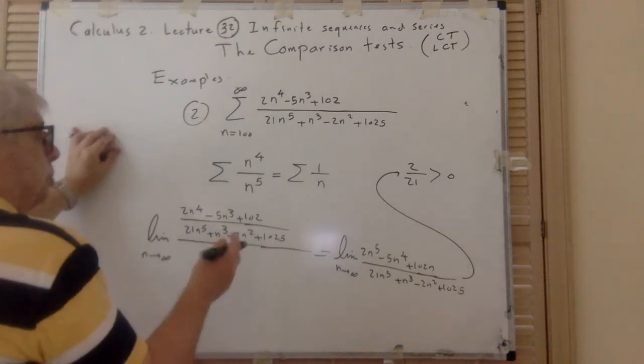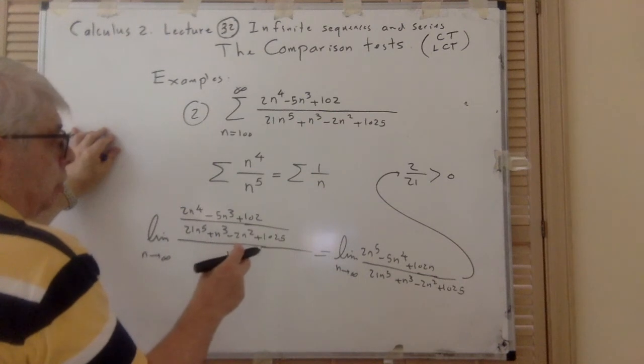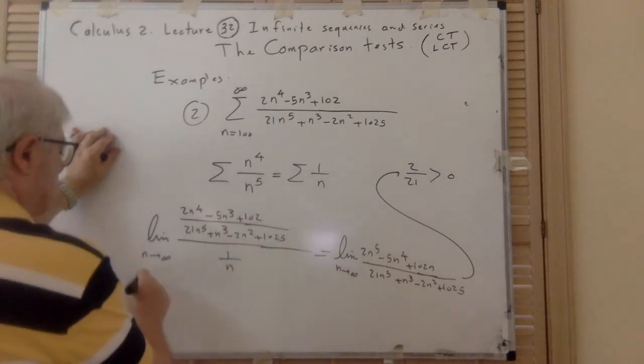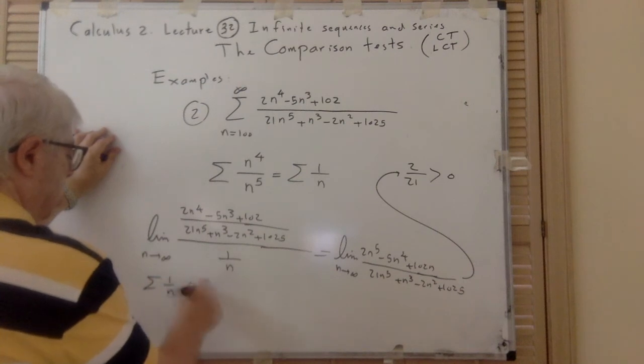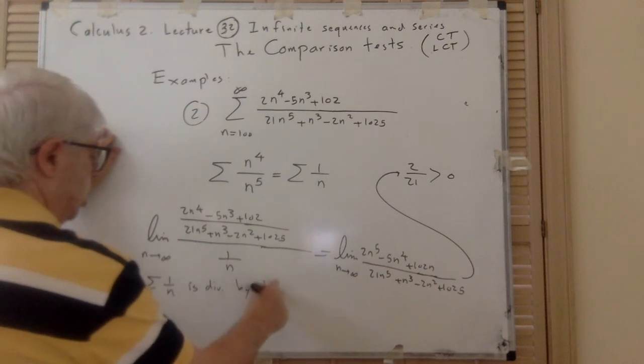Now, what is it? This is divergent. So sigma 1/n is divergent by the p-test.